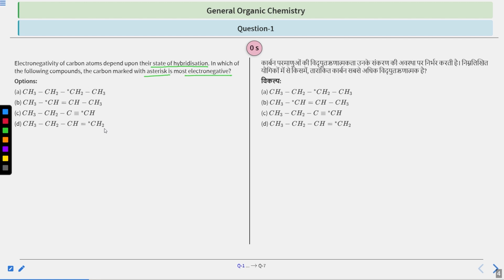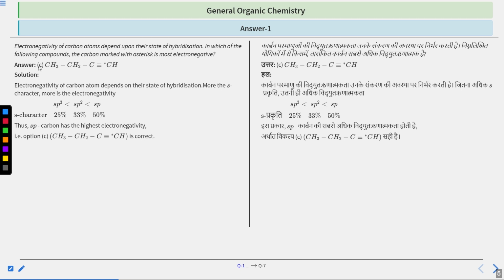Okay, let's see. The correct answer is option C, that is CH3, CH2, C triple bond star, CH. Electronegativity of a carbon atom depends on the state of its hybridization. The more the s character, the more the electronegativity, so they are directly related.